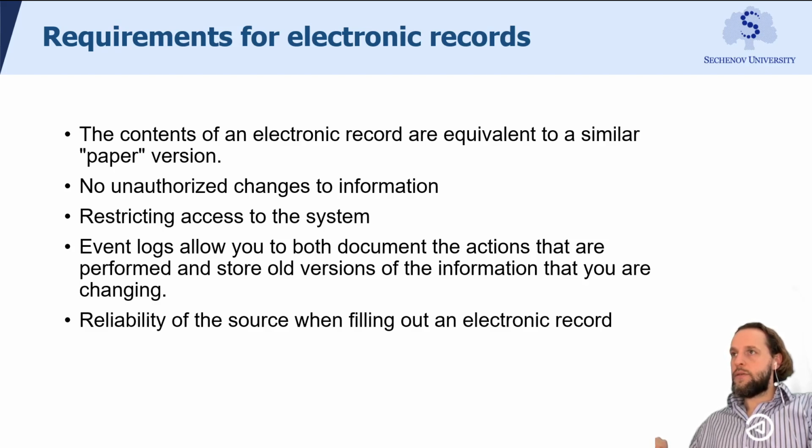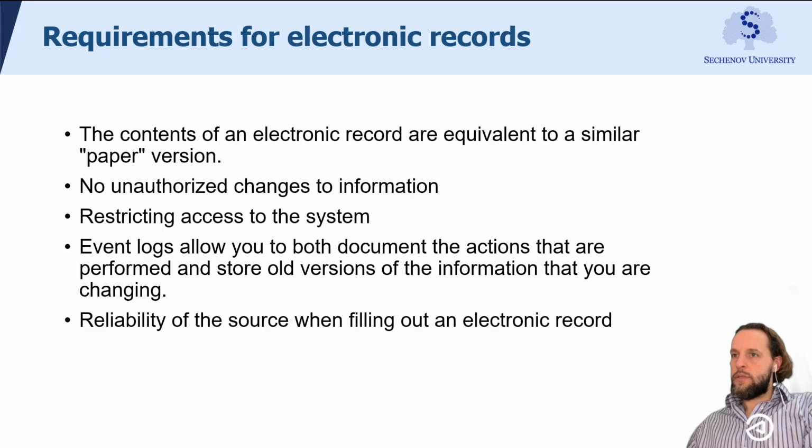For electronic records, we have requirements that the content of the electronic record should be equivalent to the similar paper version of the document. No unauthorized changes in this document could be made. System access needs to be restricted with a password.